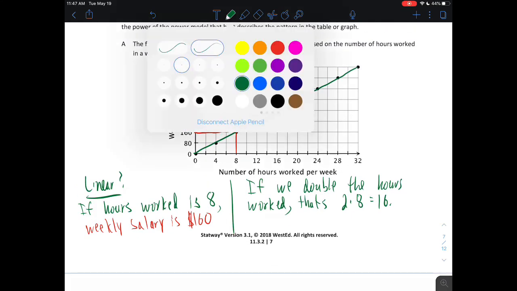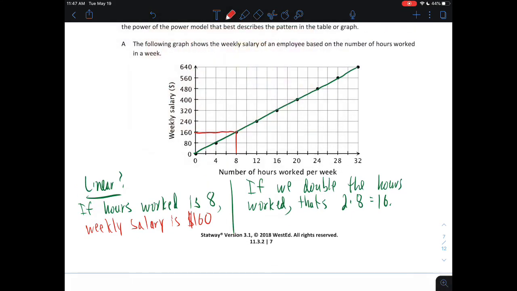they make? Let's go over to 16 on the horizontal axis, follow it up, and then follow that over to the vertical axis. And what do we get? $320.